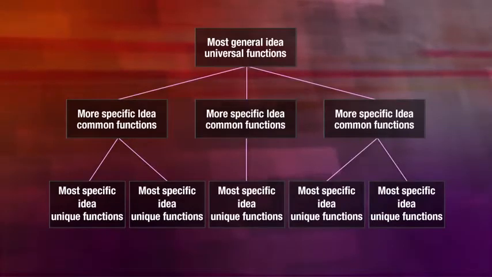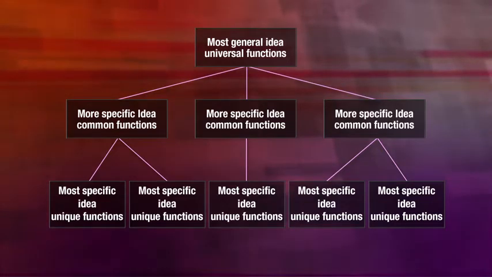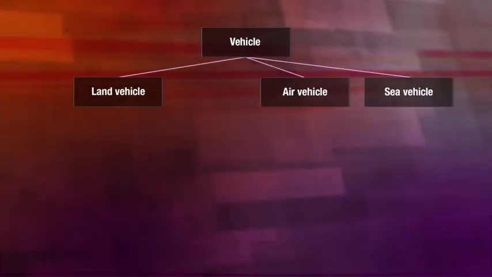In practice, there are a couple of ways that inheritance works. From a top-down viewpoint, object-oriented inheritance can be thought of as a way of taking a more general idea and specializing it. We can take a broad class of objects, like vehicle, and break it into more specialized classes, like land vehicles, air vehicles, and sea vehicles.